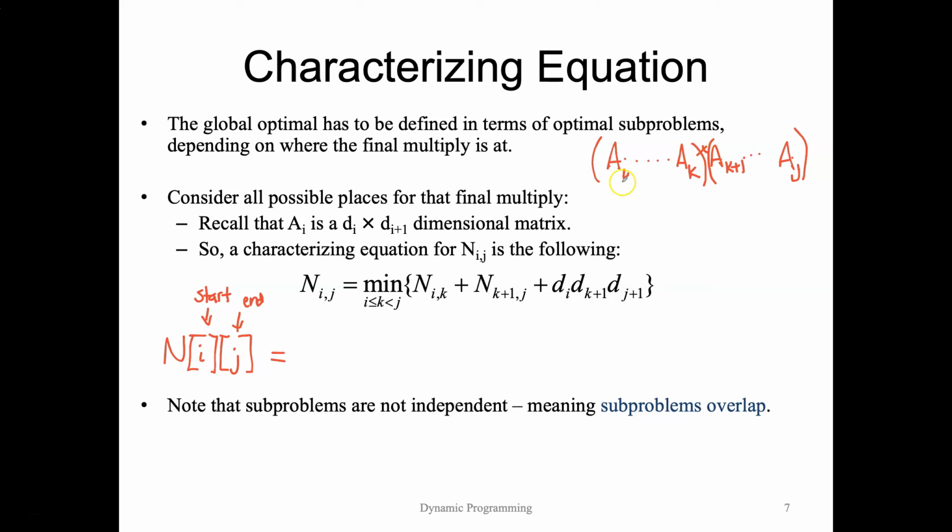But the number of scalar operations which we'll use is equal to however much it costs for us to build up this left chain. So here we're starting at i and going all the way up until k.